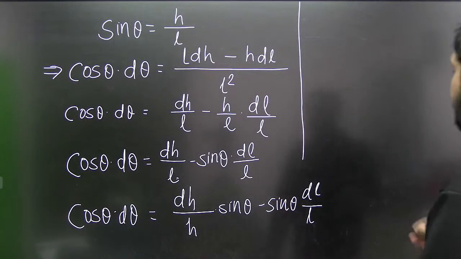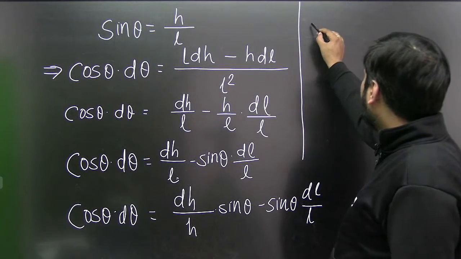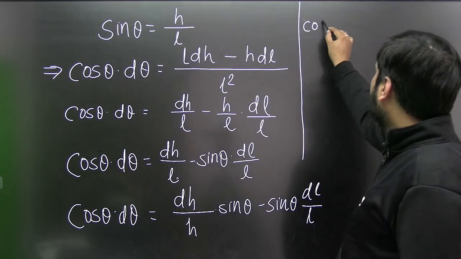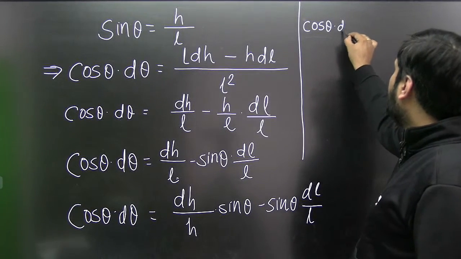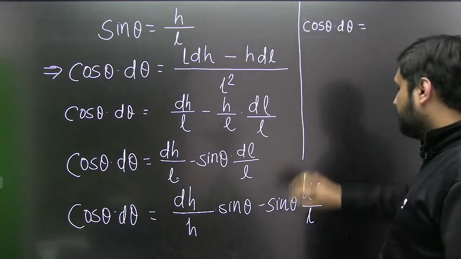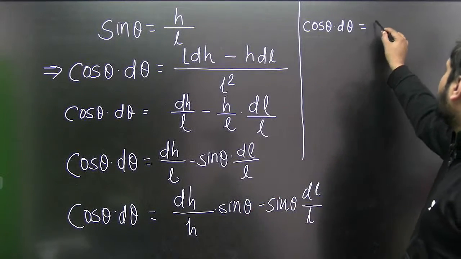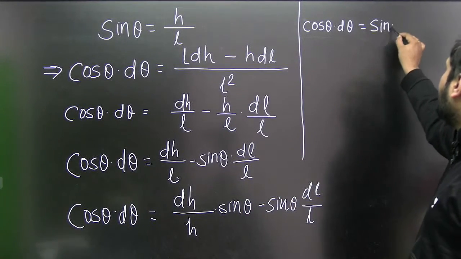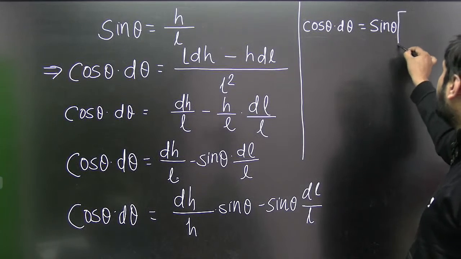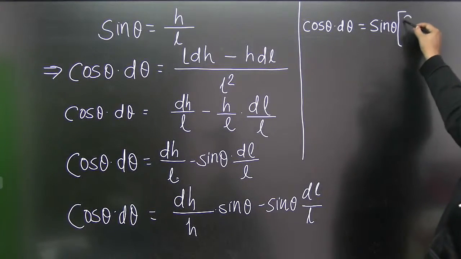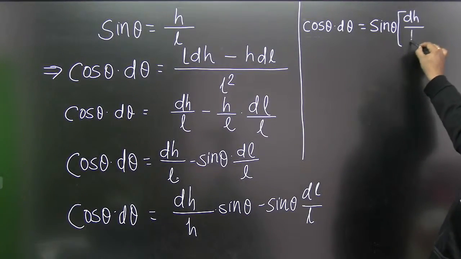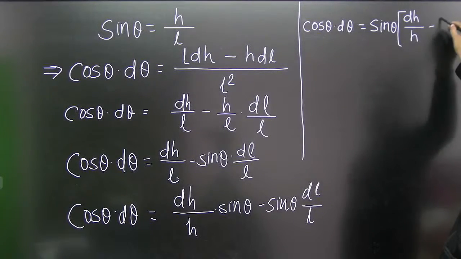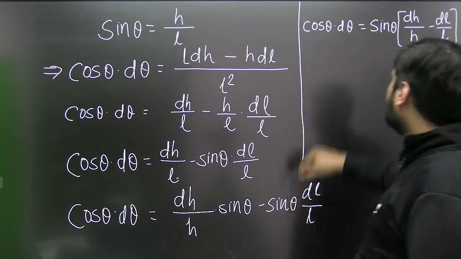cos theta d theta is equal to, you took sine theta common, so sine theta multiplied by dH upon h minus dL upon L. Great. It's very simple.